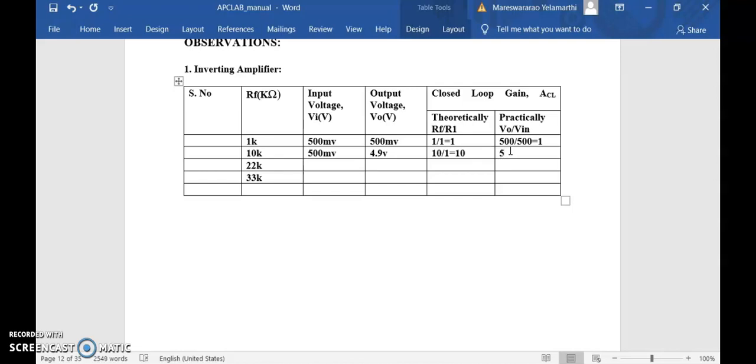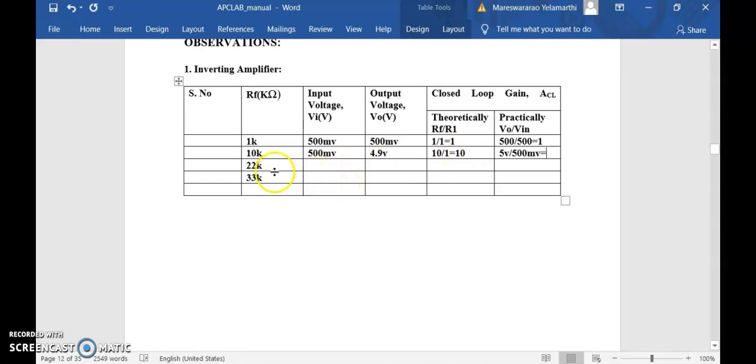5 volts means, in millivolts, 5000 by 500, sorry, 5 volts by 500 millivolts. Calculate the gain.